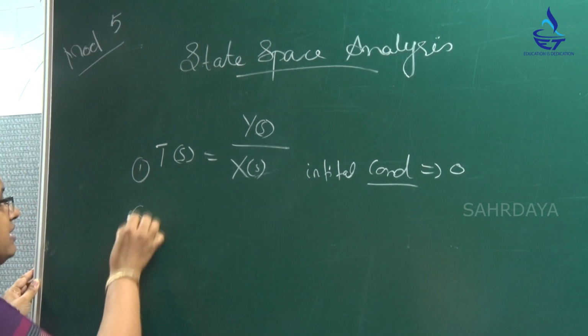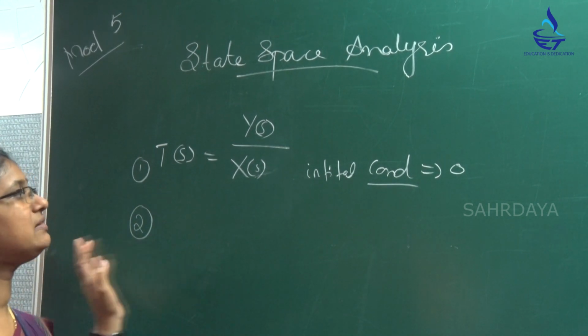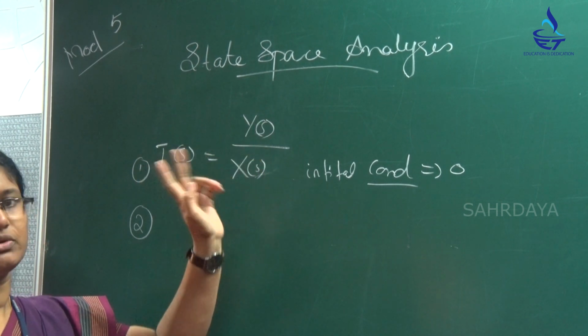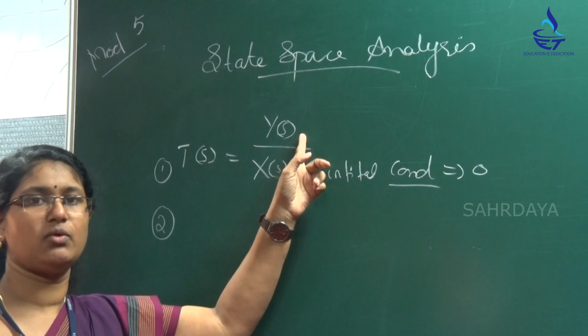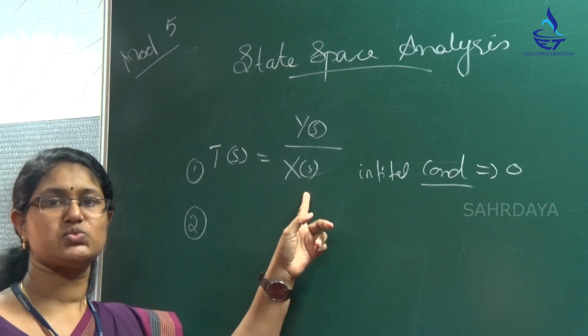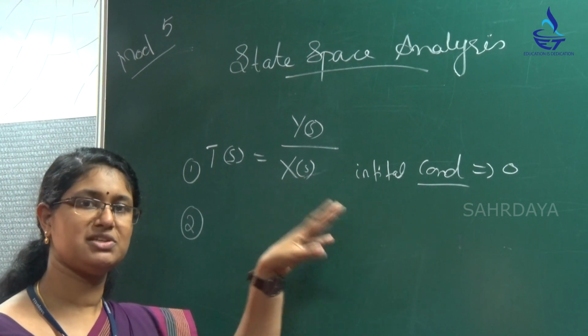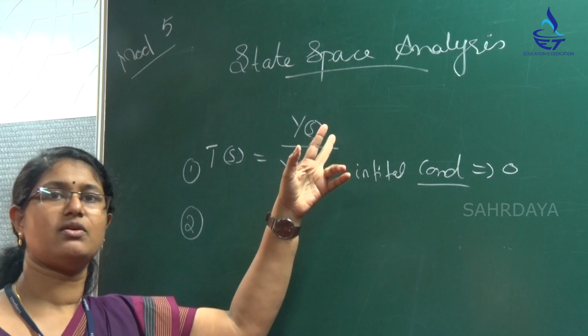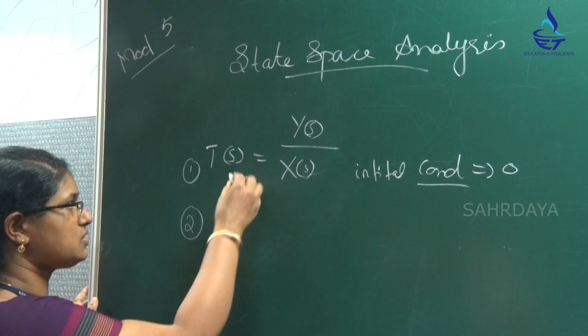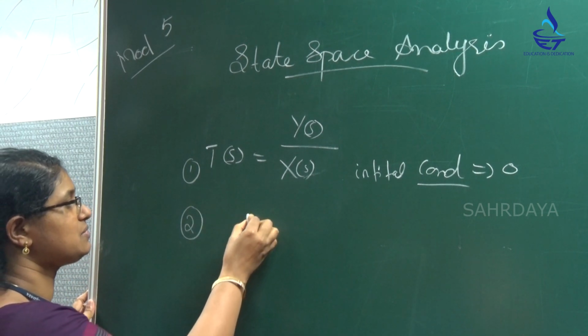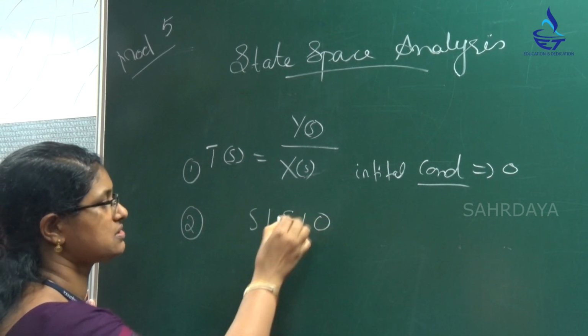Now the second disadvantage is that most of the systems we dealt with had a single input and a single output. We have x of t as one input and y of t as the corresponding output. We are not subjecting the system to different inputs x1, x2, x3, and we are not checking the outputs for those inputs. So the transfer function method, or the classical method, usually deals with single input, single output systems.